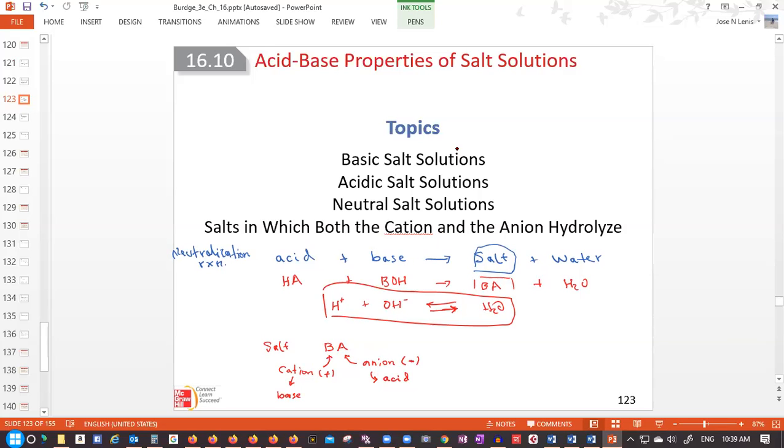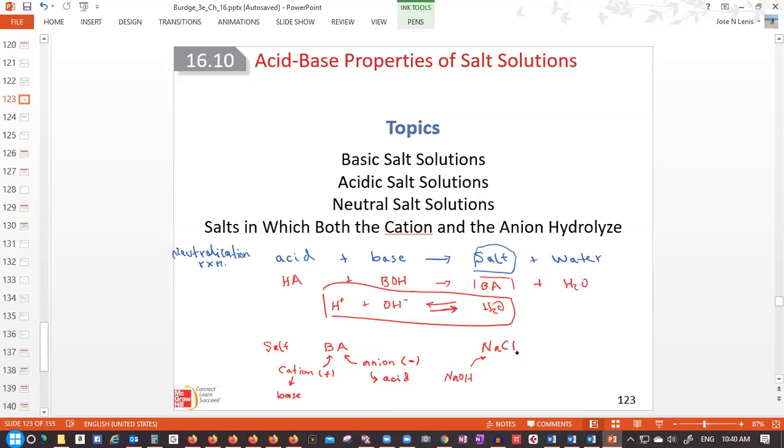For example, sodium chloride. We have the cation and we have the anion. Where is this cation, Na plus, coming from? It's coming from a base, NaOH.